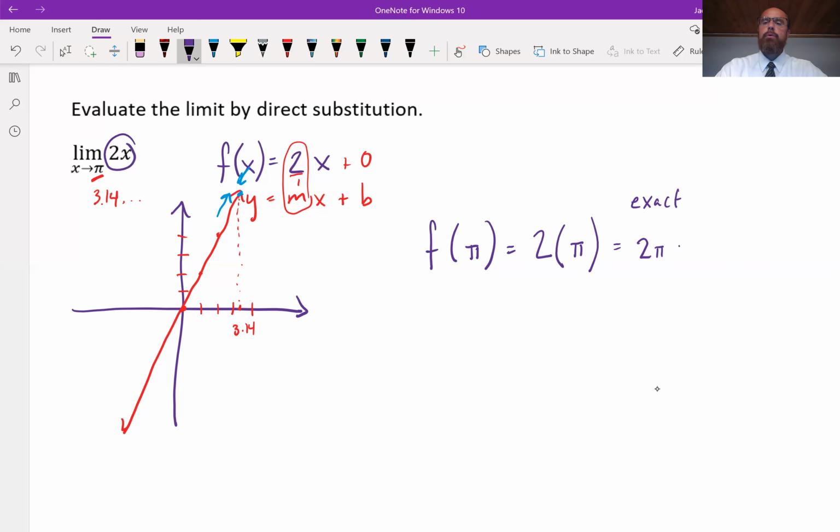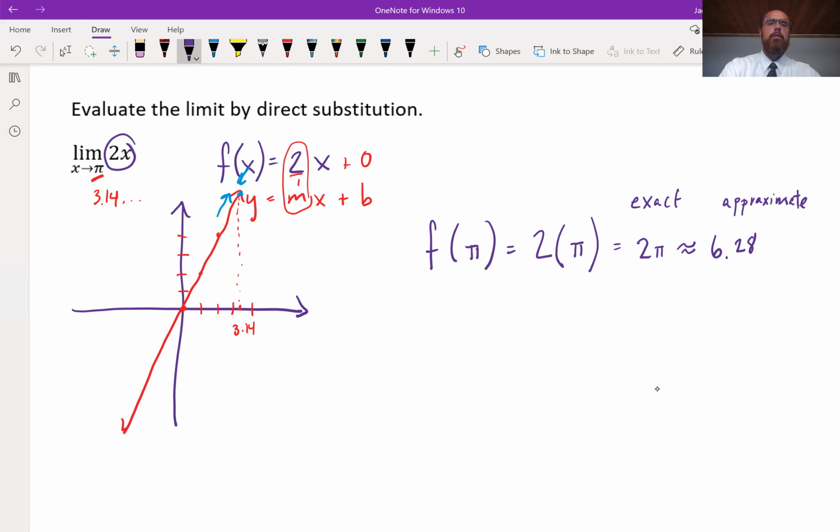I could also multiply it out. In fact, I won't use the traditional equal sign. I'm going to use the wavy equal sign to say approximately 6.28. And we got that value by direct substitution into the function 2x. Now I can see it on the graph.